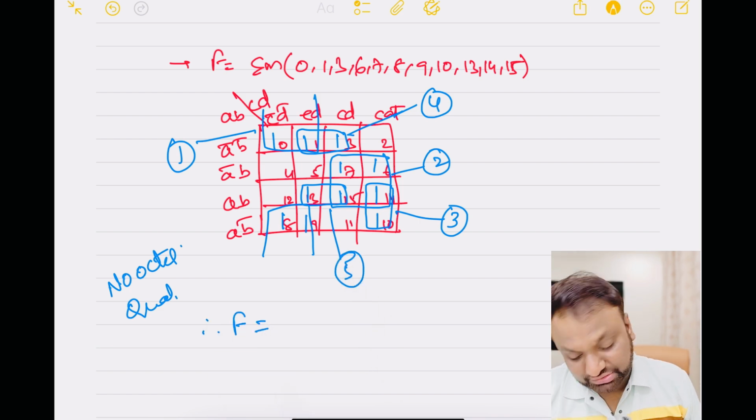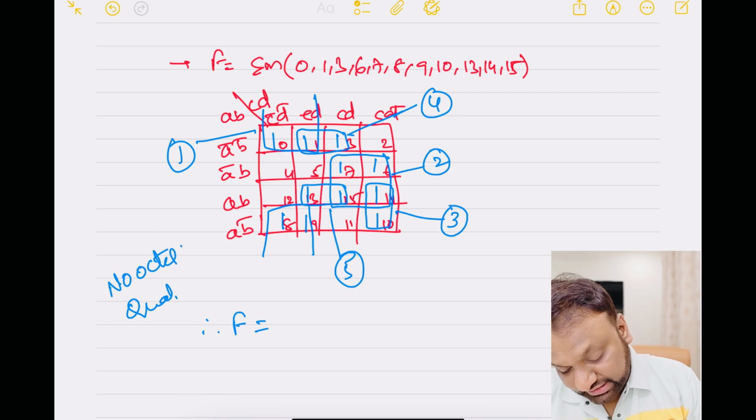F is equal to, for quad number 1, what is common? B bar is common and C bar, so B bar C bar, plus quad number 2: here B is common and C is common, so B C. For the third one, this is a pair: A C D bar.